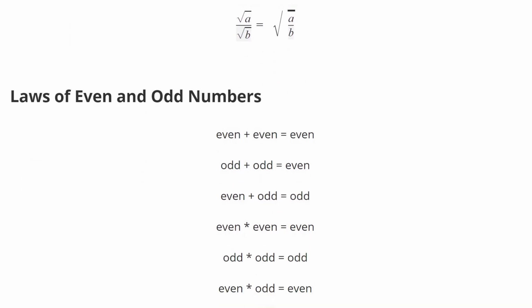Interesting, the laws of even and odd numbers. What I would say about that is often I see students stressing too much about memorizing all of these. I would actually say there's only one law you really need to memorize, and the rest you can just make up on the spot. What am I talking about? Well, when you multiply together two numbers, if there is a single even when you're multiplying, the answer will be even.